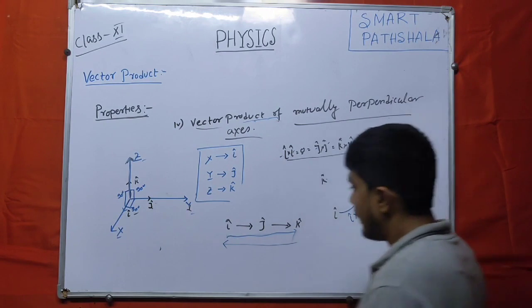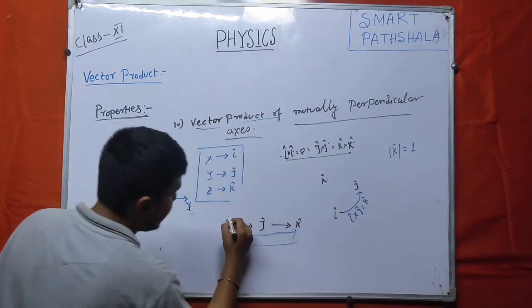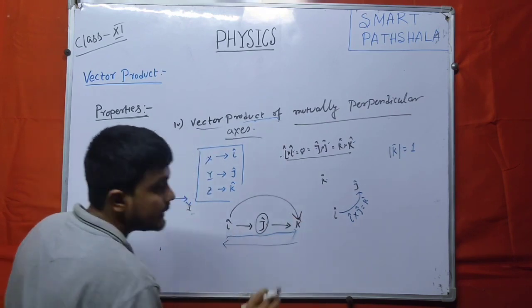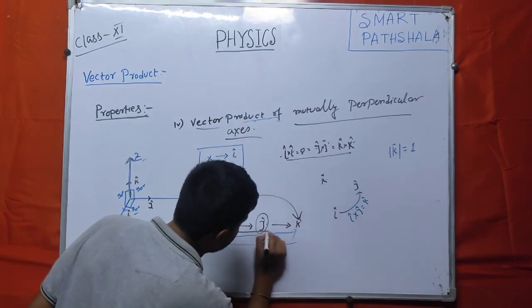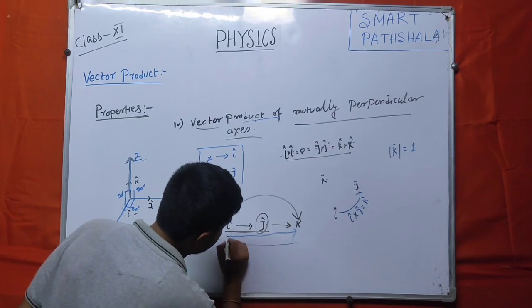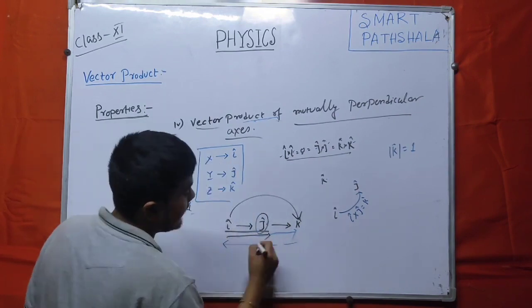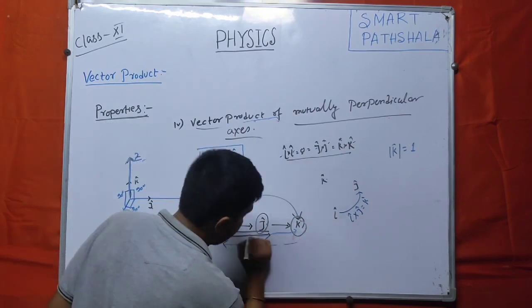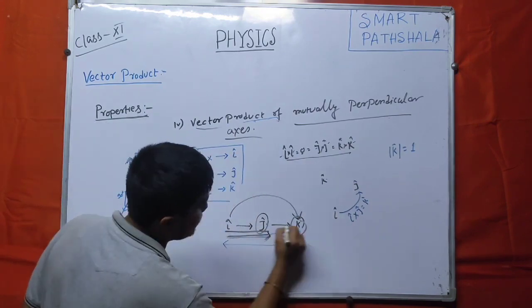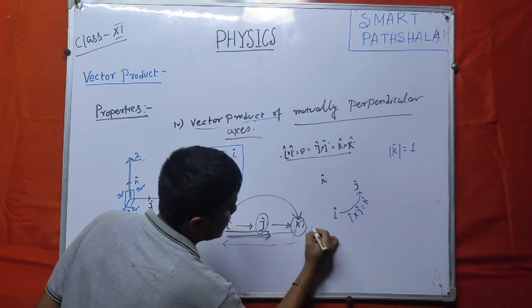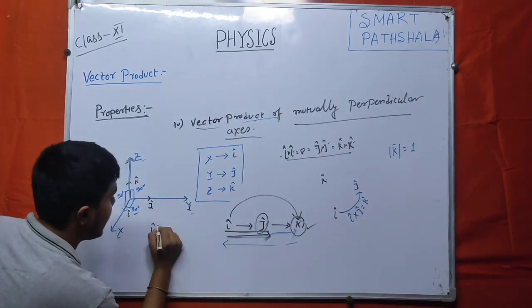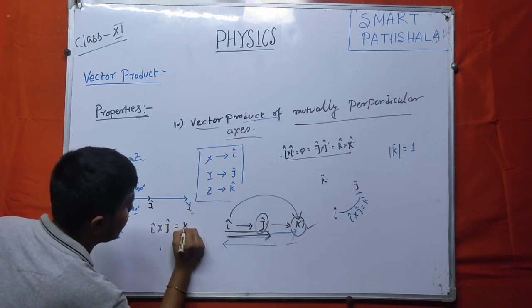And the magnitude will be the third vector. This means that if you take i and j for the first case and the direction is along this, then the resultant will be the third unit vector. And as its direction is from i to j to k, its sign will be positive. That is, i cross j is equal to k cap.